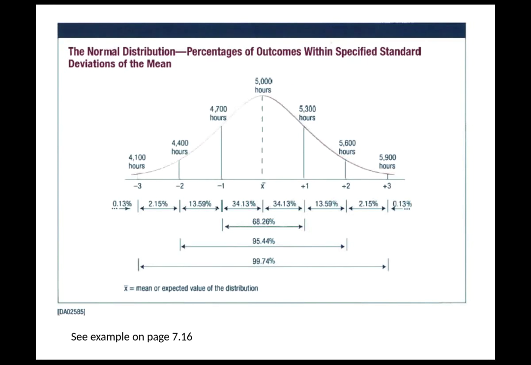In this case, if you look at this number, the 4,700 hours, that's a good number of where we might want to start looking. But really, we want to have as little failure as possible. So if you look down here, 4,100 hours, what does this mean? This is 3 standard deviations.